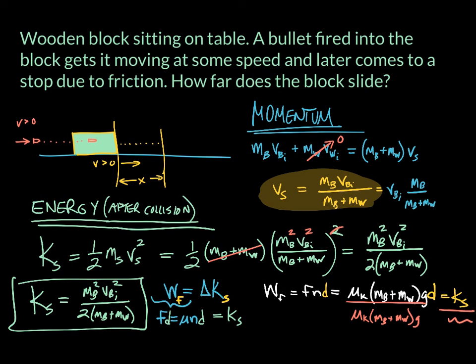And that would give me my distance will equal the bullet's mass squared, initial speed of the bullet squared, all of that over a big long mess of our 2 mu k g times the total mass of our system, but it's going to get squared because I'm dividing what was already there again.